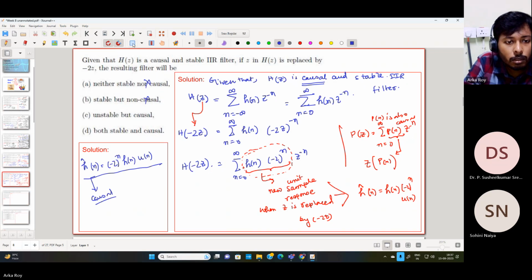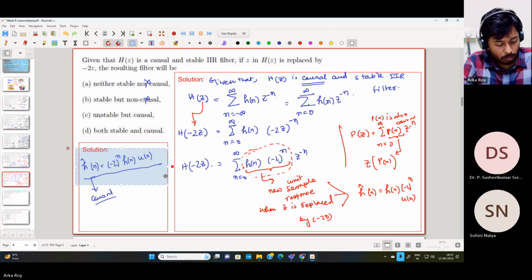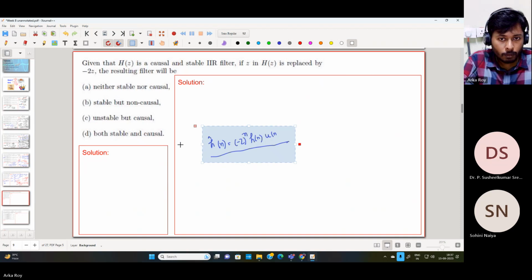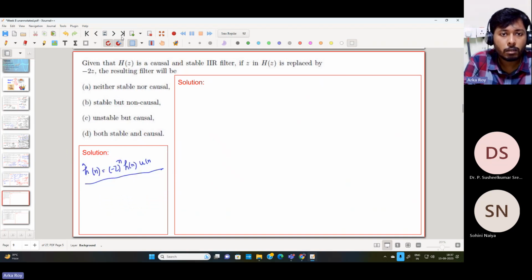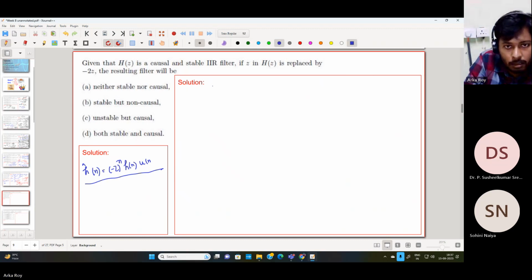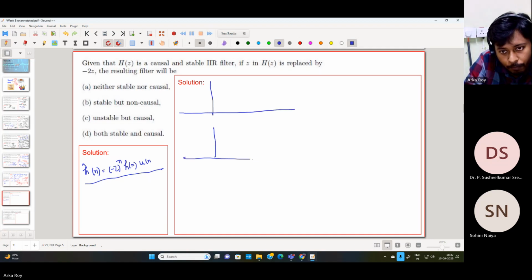So to check the second condition, let's just do it in a graphical fashion. So let me just copy this part. So we have got this particular sequence, and let us consider a diagrammatic situation. So we'll choose a graphical method to solve this particular question.